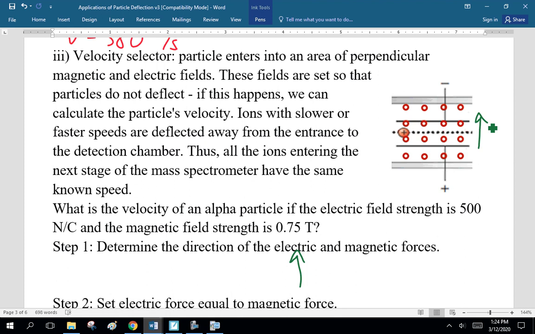Right hand, thank you very much. Positive charge here, not negative. So we go to the right hand. The magnetic field is going which way? Circles means out. Direction of the object is to the right. The magnetic force is? Down. So magnetic force is down.